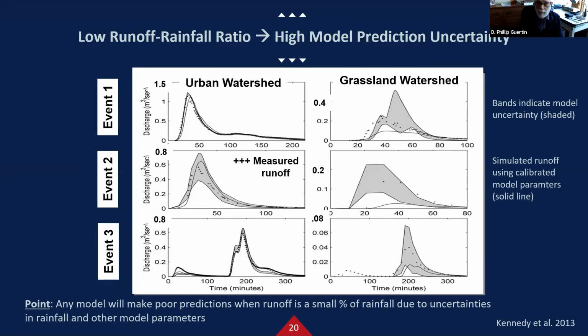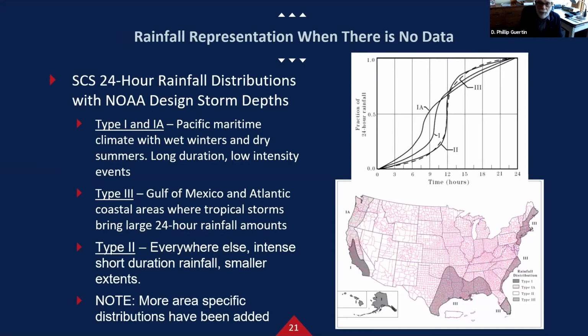Next slide. Next. All right. Shay talked a little bit about this. In most cases, we don't have a rain gauge to use, especially in wildland situations. So we use data from NOAA, design storms.